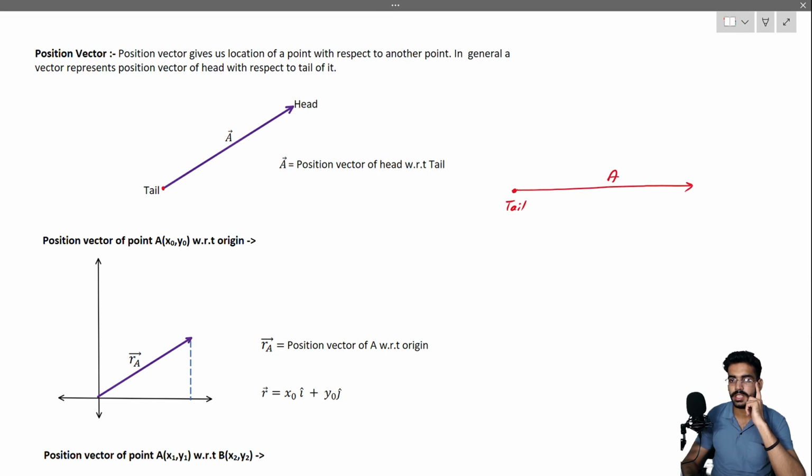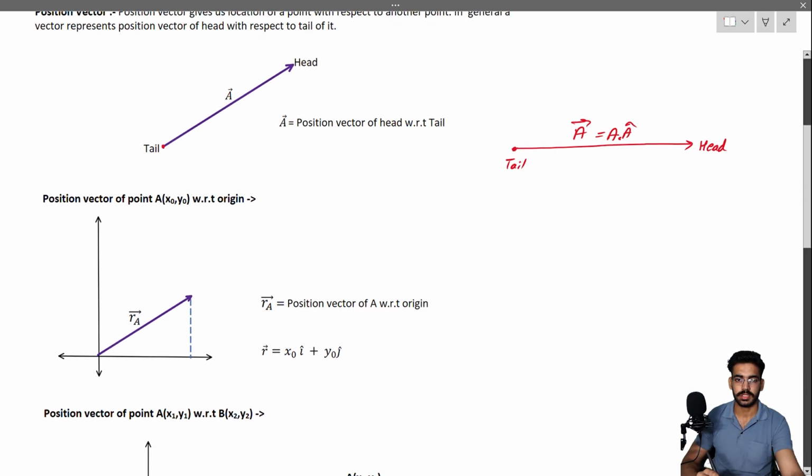So he is giving me a magnitude and a direction, which means he is giving me a vector. So basically the position vector is the vector telling me the direction from tail to head, the position of head with respect to tail. I hope this is clear.